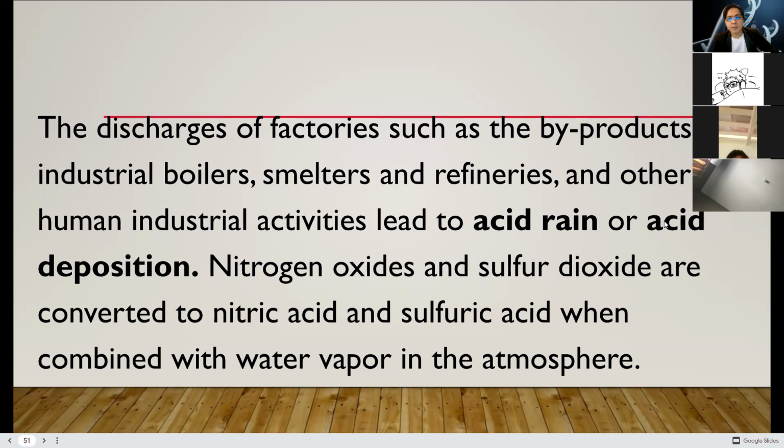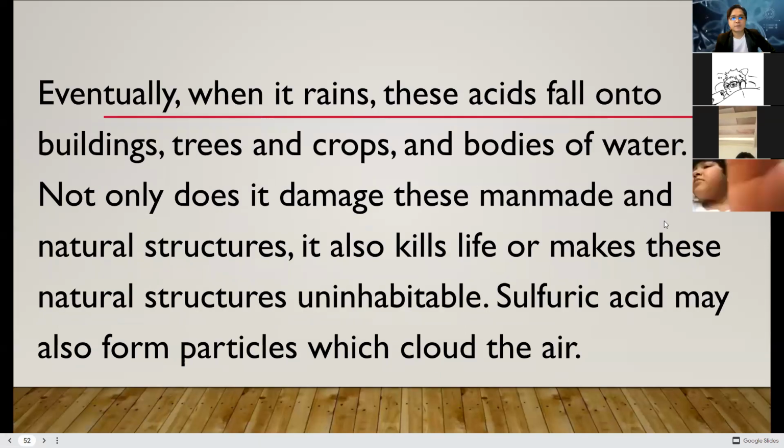This is now the effect of the pollution that we are actually making. Eventually, when it rains, these acids fall into buildings, trees, crops, and bodies of water. Not only does it damage these man-made and natural structures, it also kills life and makes these natural structures uninhabitable.